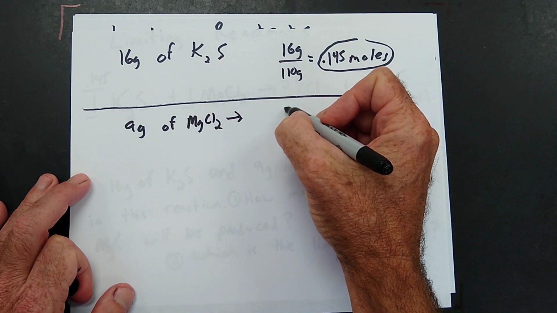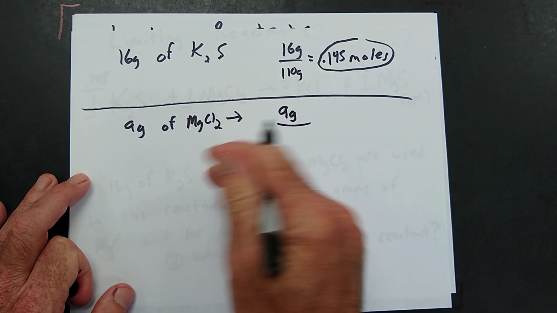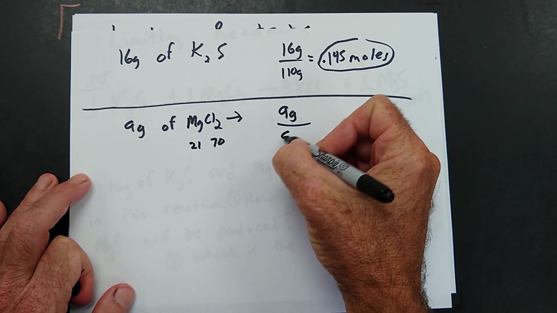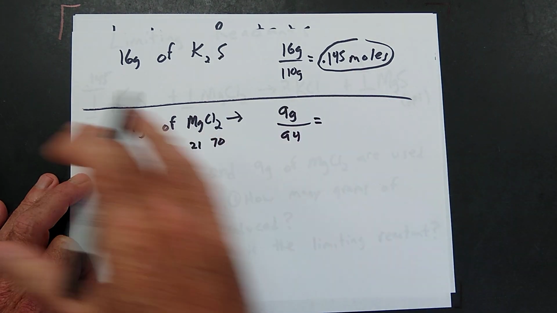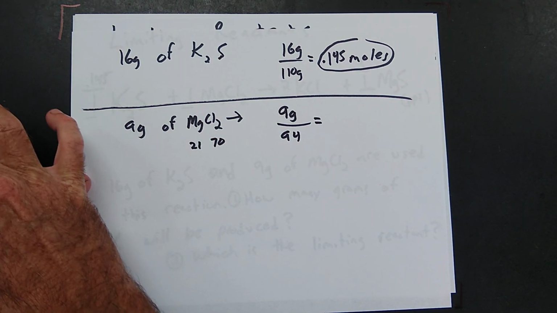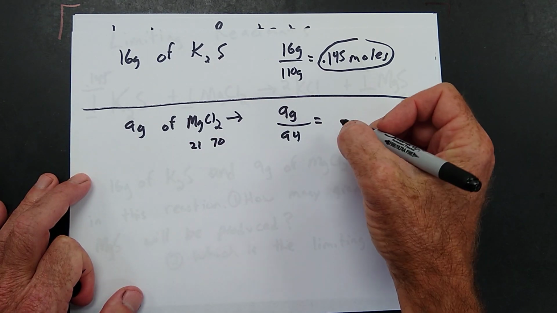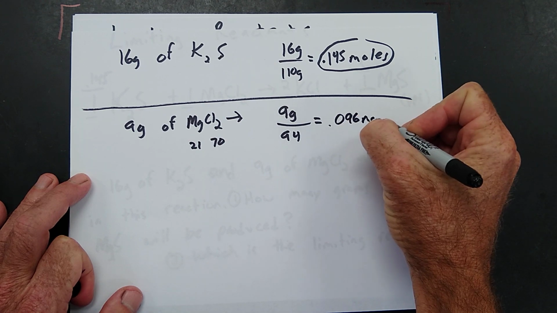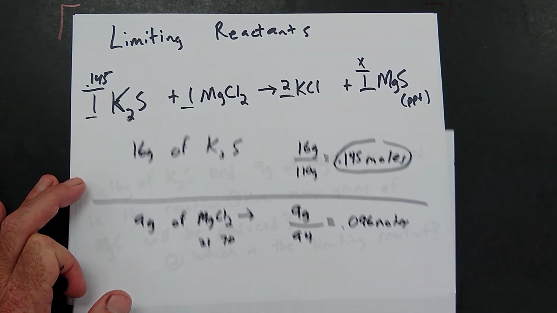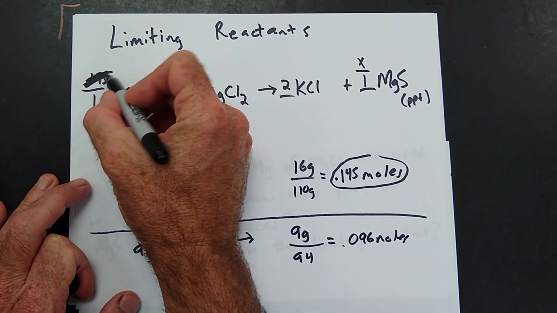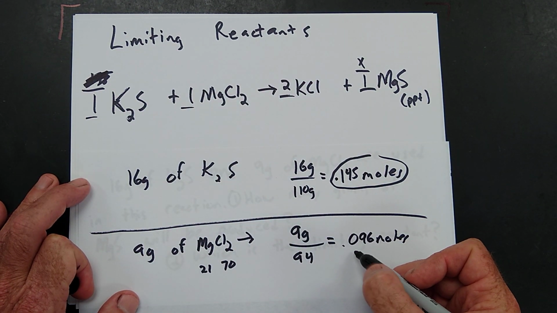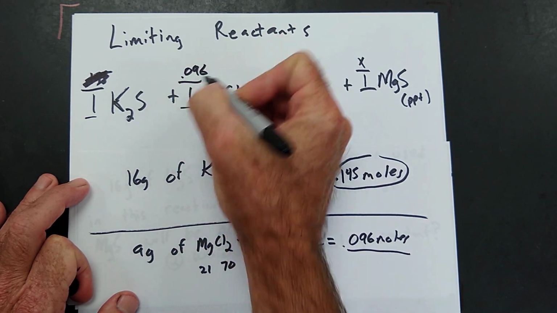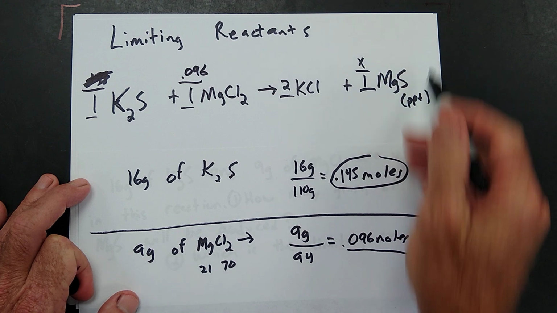See how many moles that will be. 9 grams, and MgCl2, this would be 70, and that'd be 24. 9 out of 94. 9 divided by 94 equals 0.096 moles, okay?